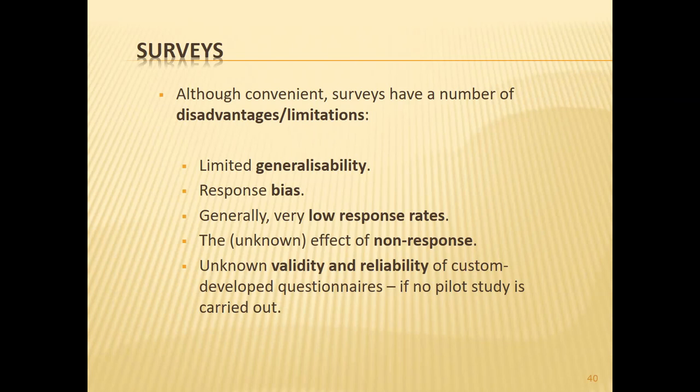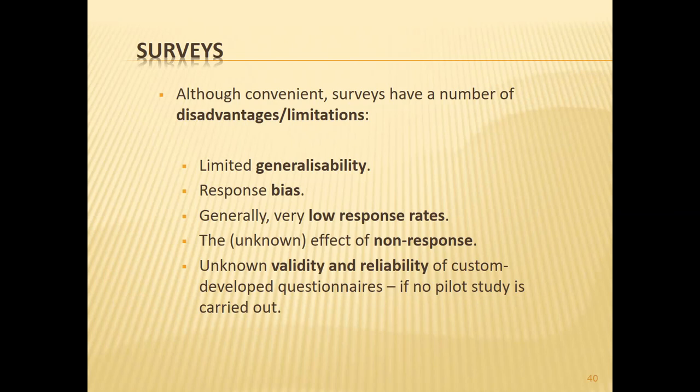But there's a problem with that, in that you then only have 20% of the data from that sample, and so the question that often gets asked is, well, what would the other 80% have said? We don't know. And so that is called response bias, and it's obviously a problem if you've only got like 20 or 30% of the sample responding.